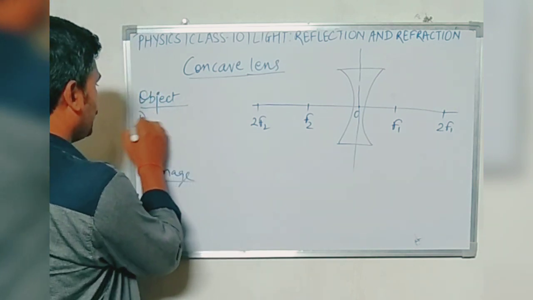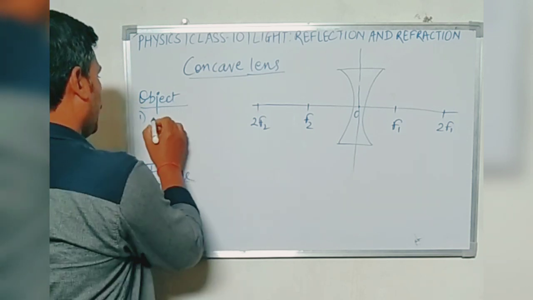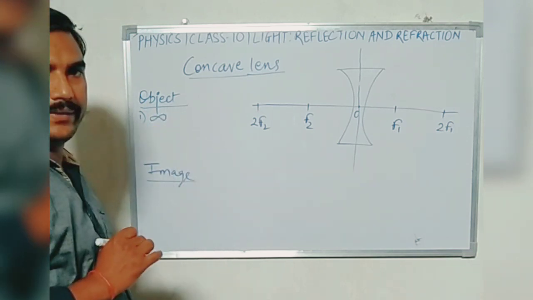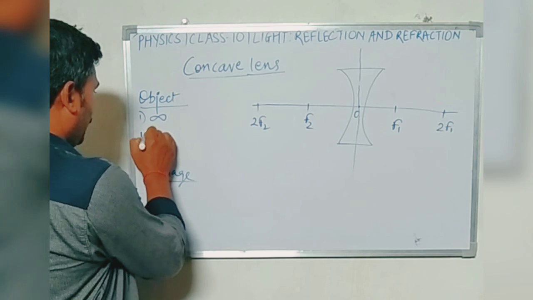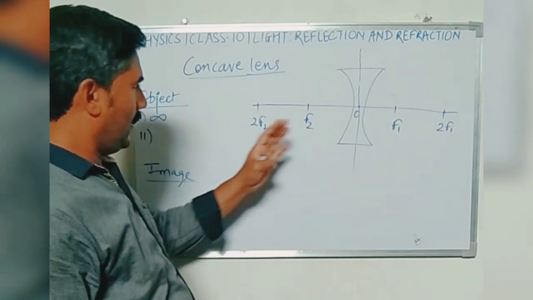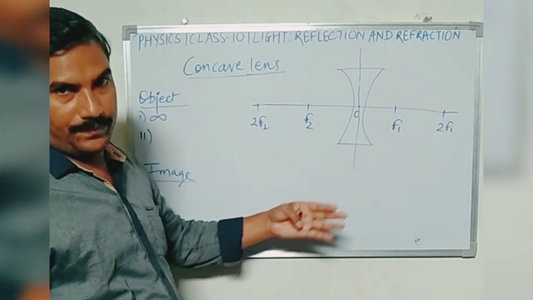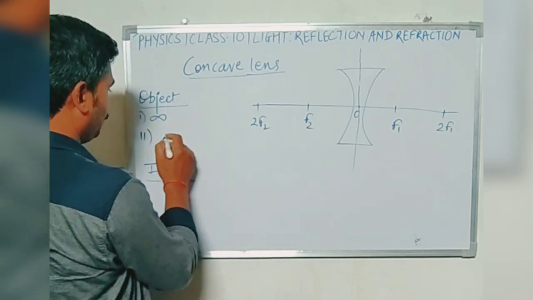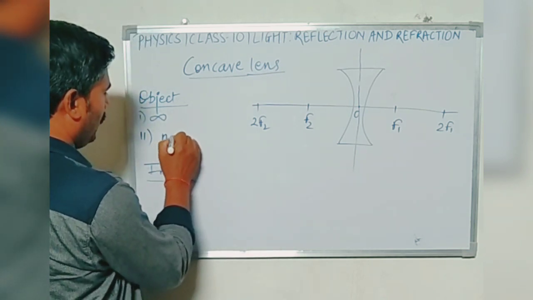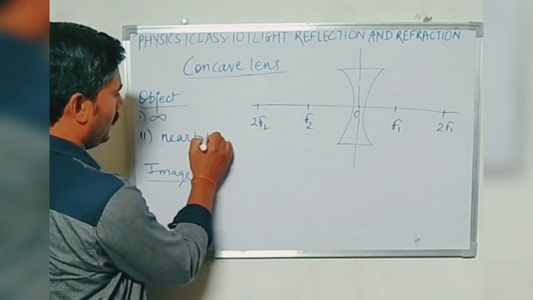is in the first case at infinity, and in the second case, except infinity, it is near to the lens.